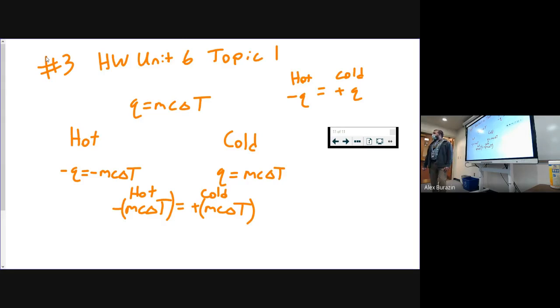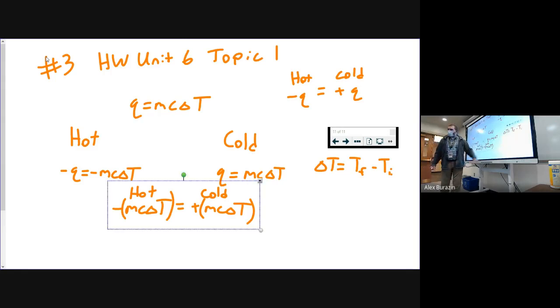The change in temperature thing. Change in temp equals TF minus TI, right? You know TI for both. You don't know TF for either, but it's the same number. You have an X on this side. Well, it's an unknown, right? So you can treat it as, you know that X minus something you know.